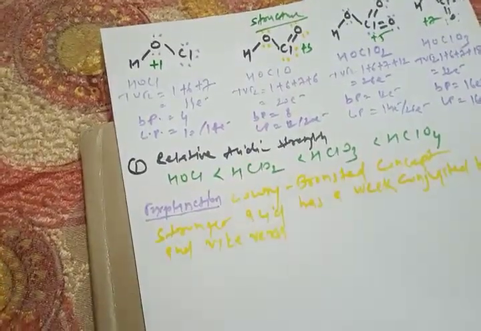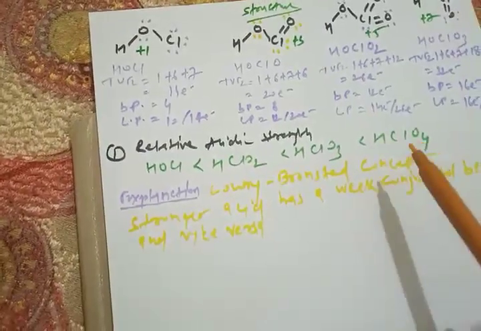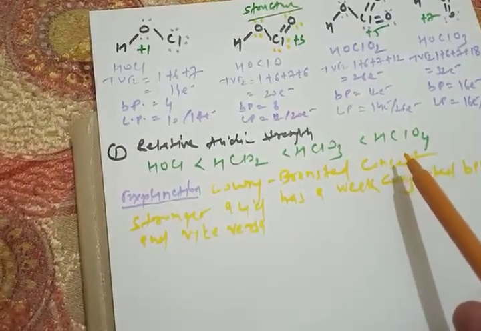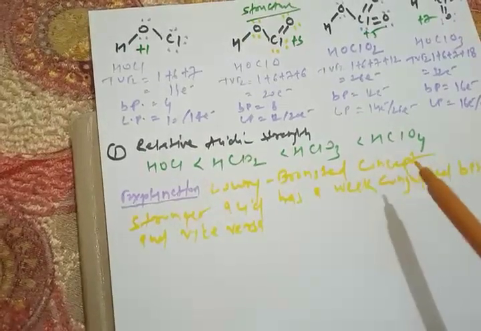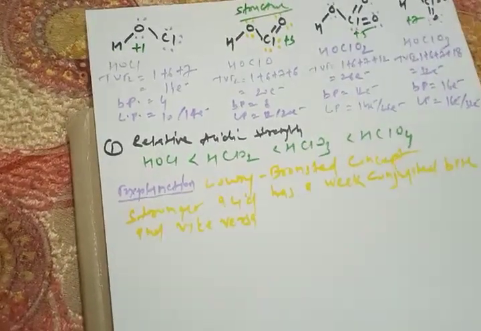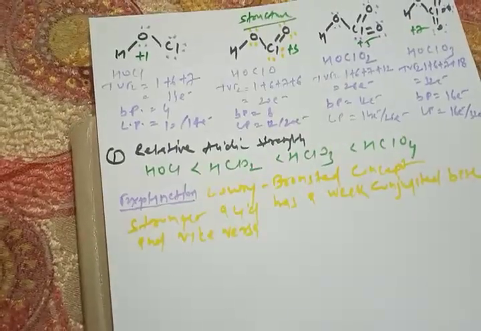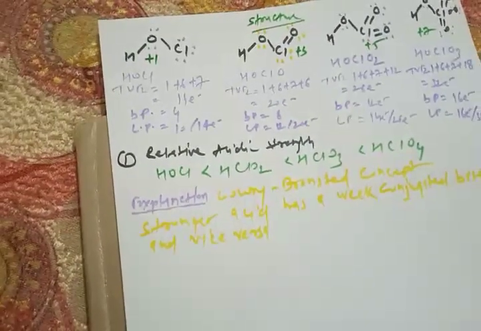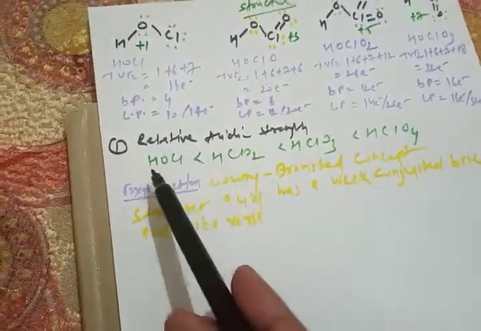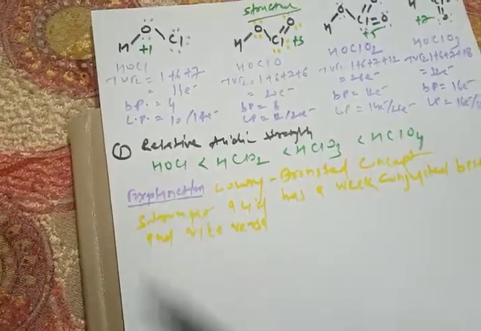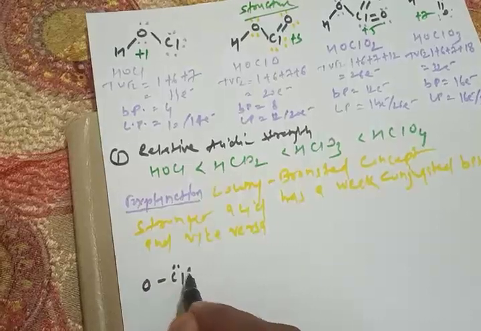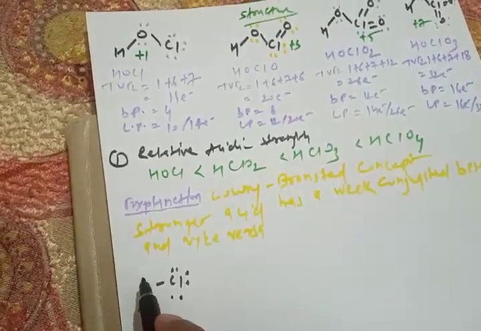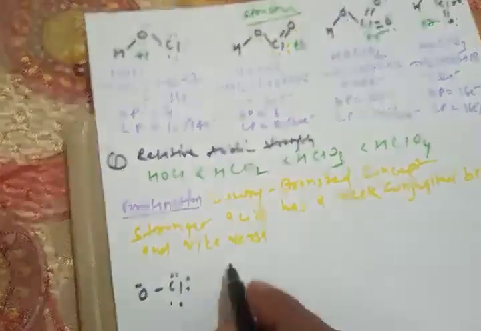Okay, so in this case the strongest acid is HClO4, so it has the weakest conjugate base. And how will we find the conjugate base? By the removal of a proton. So by the removal of a proton, in this case the structure is OCl with lone pairs, and here is a negative charge.